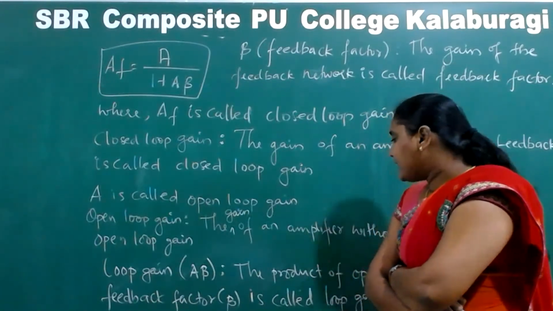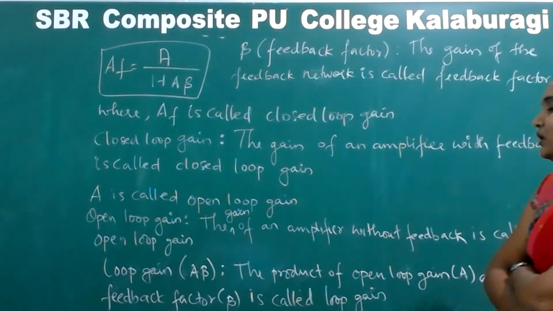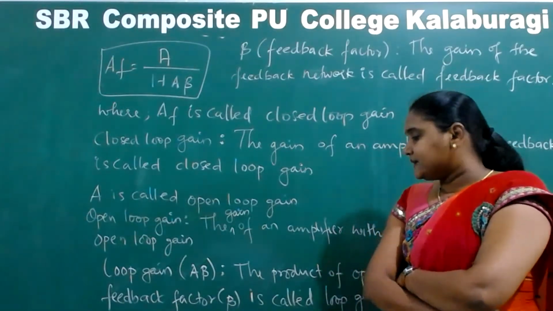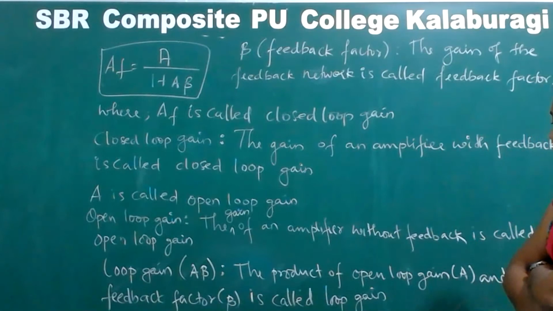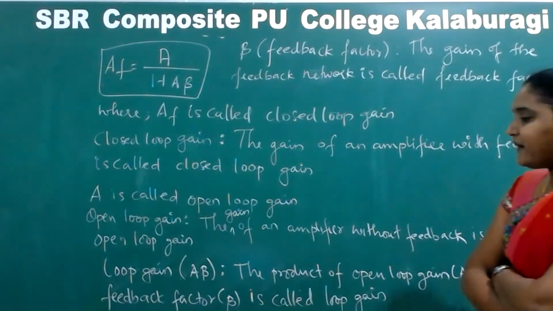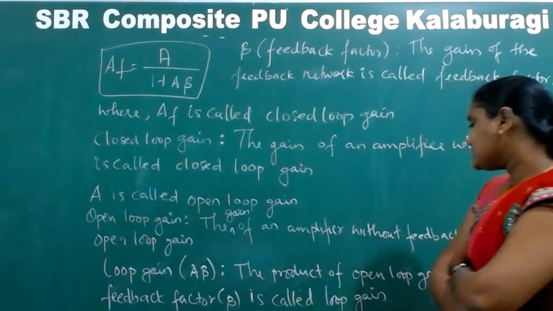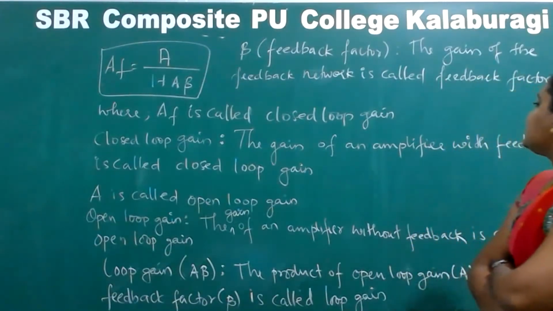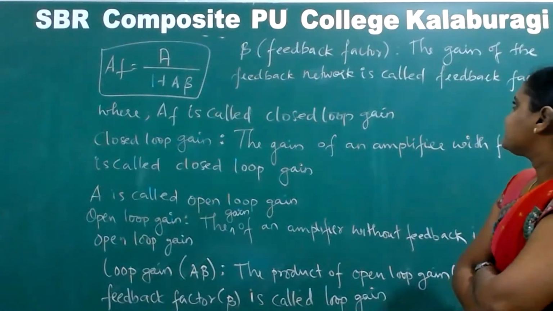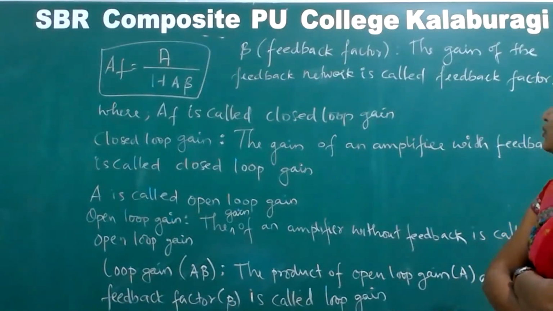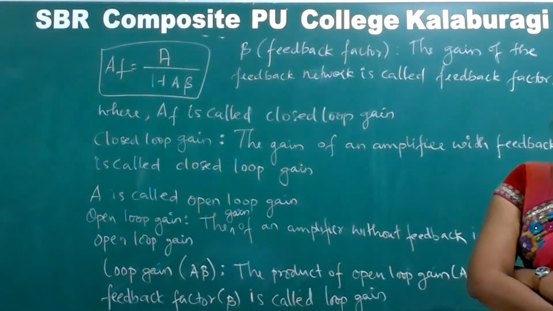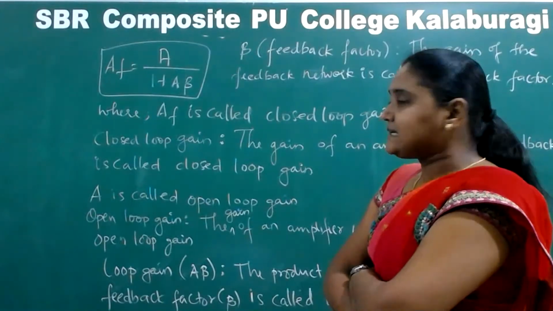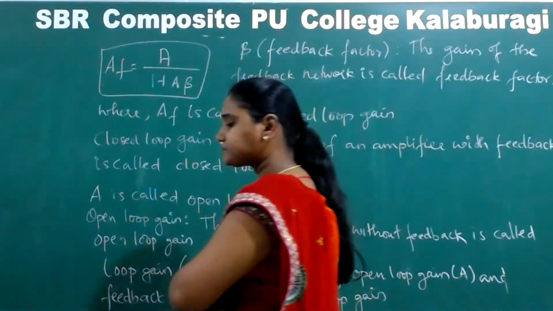And the gain of an amplifier without feedback is called what? Open loop gain. Whereas the loop gain is the product of open loop gain A and feedback factor beta is called as what? Loop gain. And feedback factor beta is the gain of the feedback network. The gain of a feedback network is called what? Feedback factor beta. So these are the terms that we are observing, otherwise we can see in the expression, right?